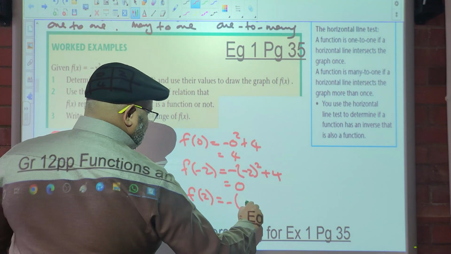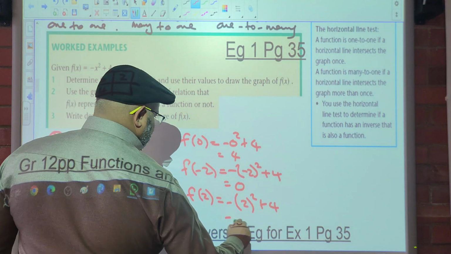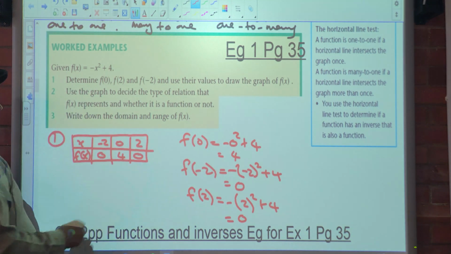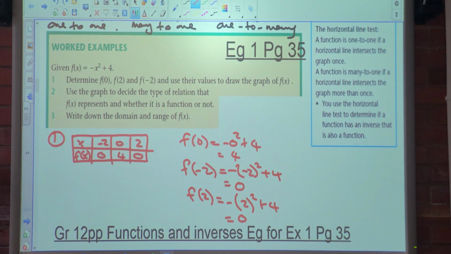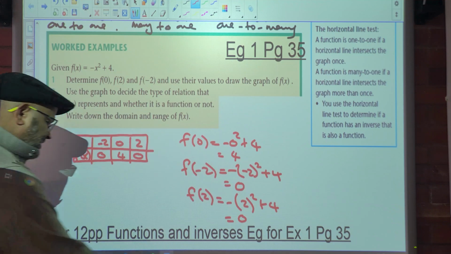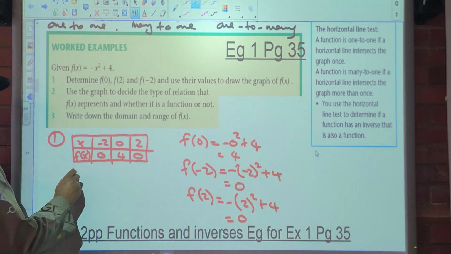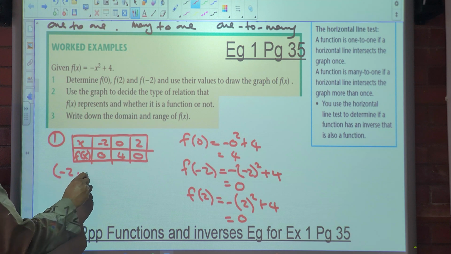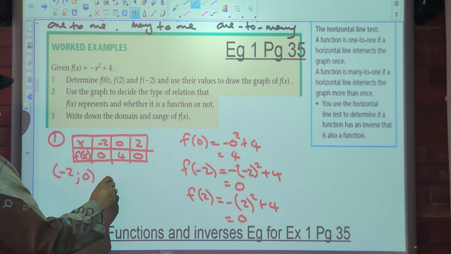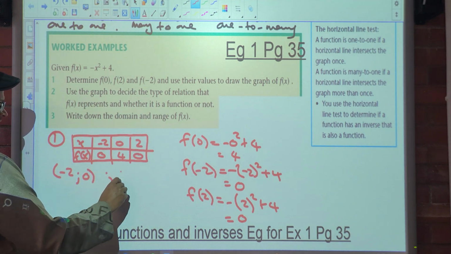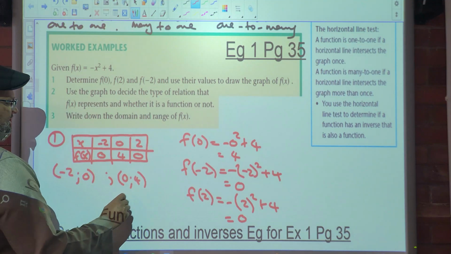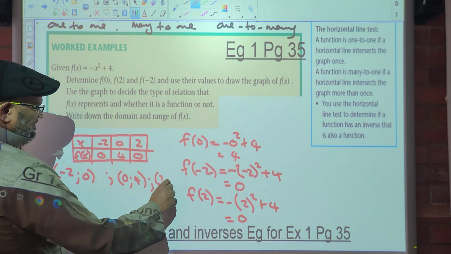So it's negative 2 squared plus 4, which also gives you 0. Okay, as you can see, this is enough information to draw the graph. If I consider the coordinates, it will simply be negative 2 and 0, then 0 and 4, as well as 2 and 0.